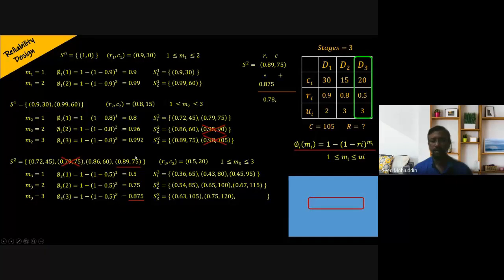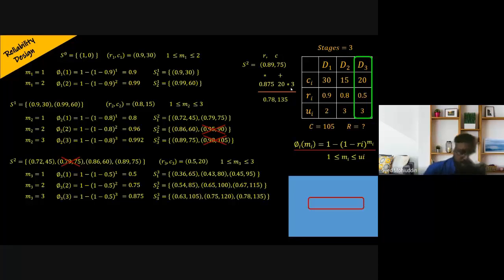Here remember that when we have M3 as 3, that is the third device, 3 devices we are using. So cost is 20 multiplied by 3 we use. So for S31 we multiply cost by 1. For S32 we multiply the cost by 2 because 2 devices are used, and S33 we multiply the cost with 3 and add it to the previous value. So here we got 3 sets, S31, S32 and S33.